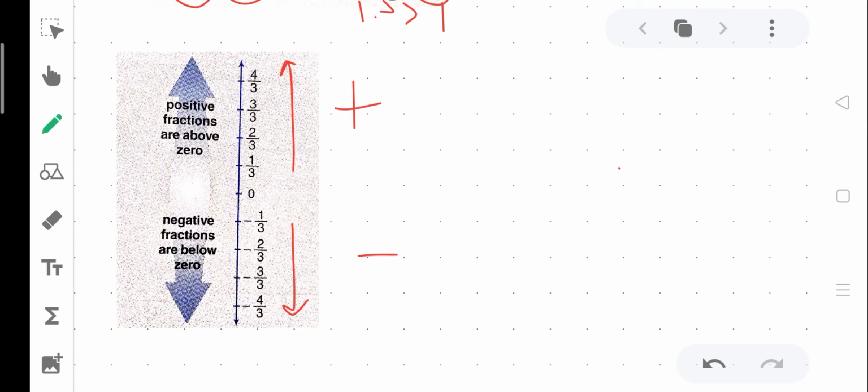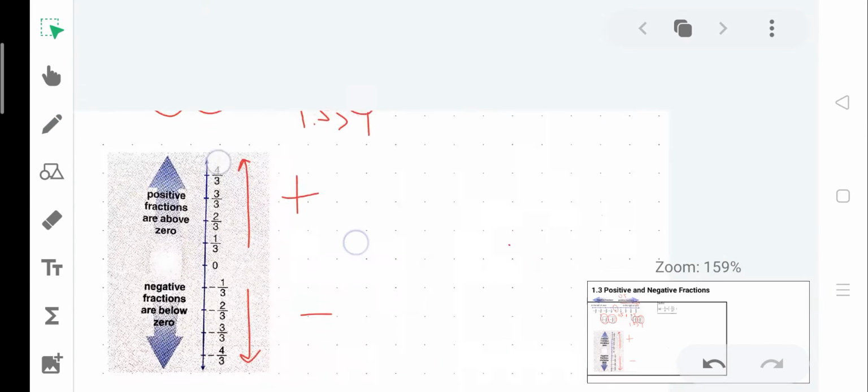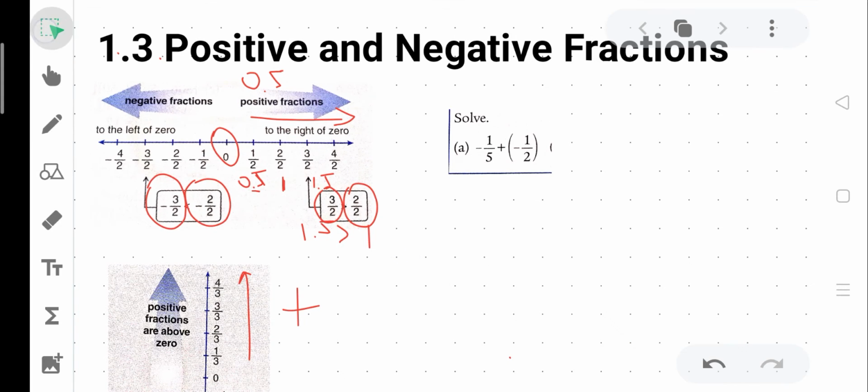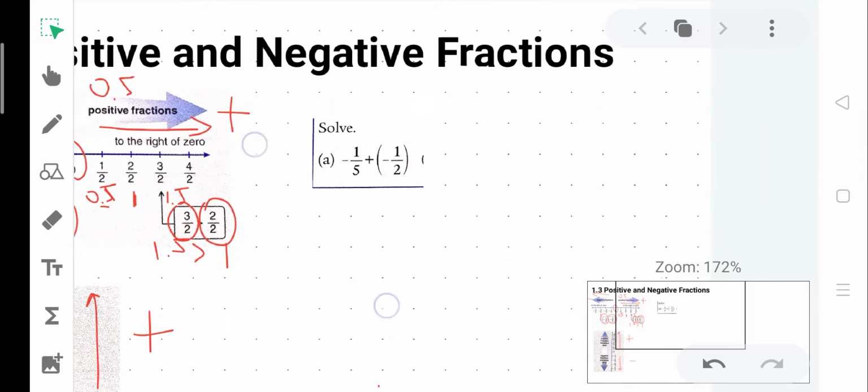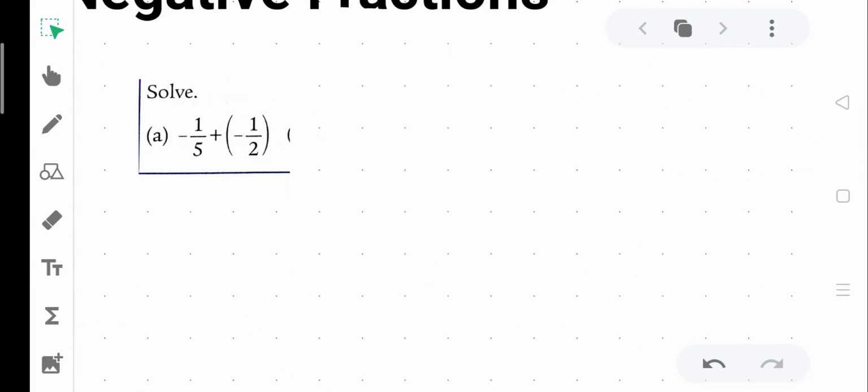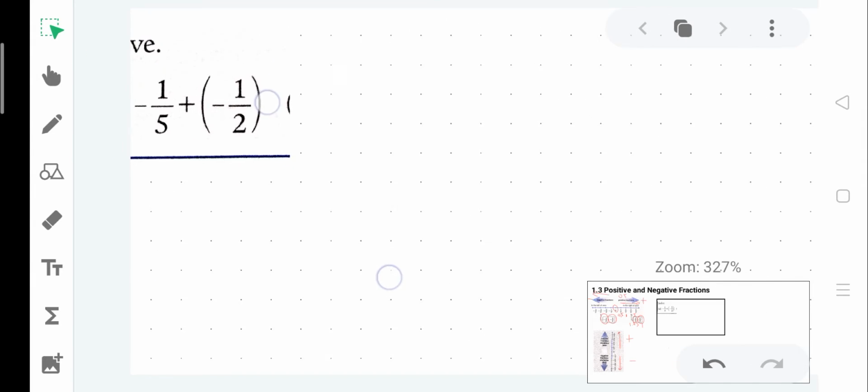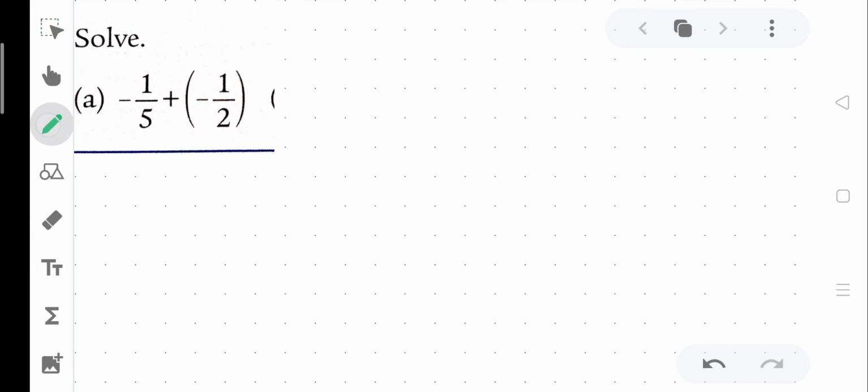Okay, so it's a very basic understanding. For the horizontal number line, when going to the right side, the number is getting positive, it's getting bigger. When going to the left side, it's going to be negative, then the number is going to be smaller.